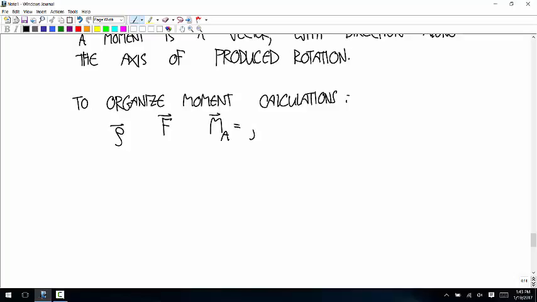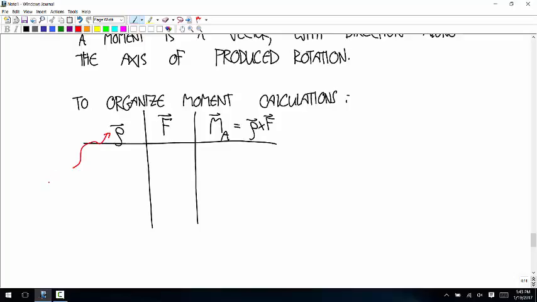That moment is just rho cross F. So this row vector is the vector from A to the point where the force is applied. And then that's the force, and then you just take the cross product of those two and it gives you the moment.